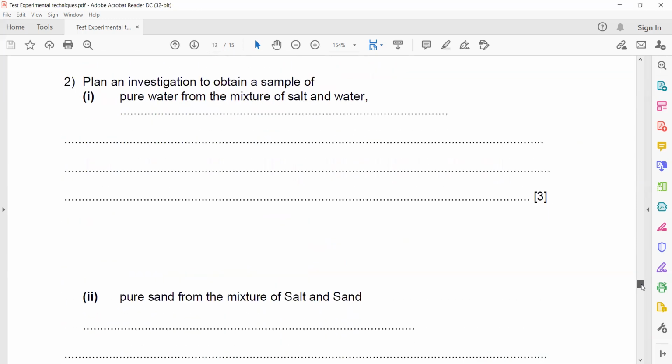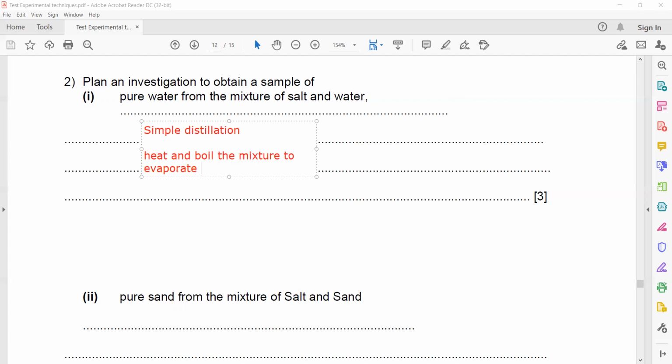Plan an investigation to obtain a sample of pure water from a mixture of salt and water. So the technique which we will use is simple distillation. Then we will heat and boil the mixture to evaporate water, and then we will condense the water by using a condenser.